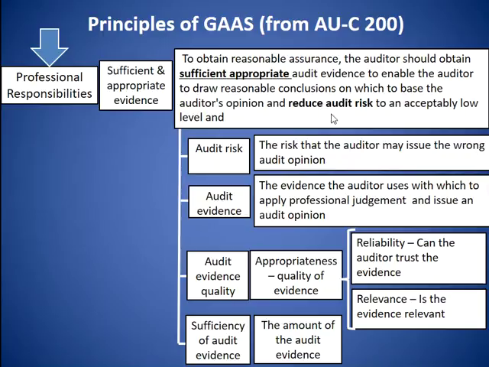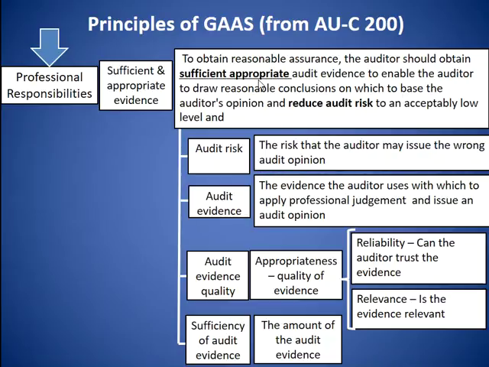When I say an acceptably low level, audit risk cannot be eliminated because there's always a chance we're going to make some type of error along the way. So we can never eliminate it. We can though perform sufficient audit procedures through the audit standards to develop sufficient and appropriate audit evidence to bring audit risk down to an acceptably low level. So that's what we mean by audit risk.